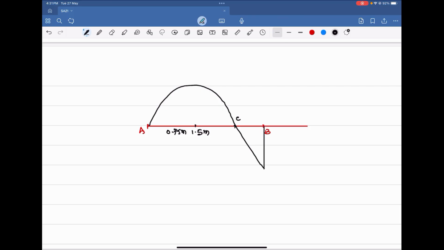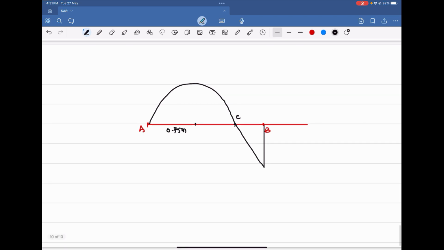For the first part, this is 2 meters distance, this is 1.5 meters distance, this distance is 0.75 meters.